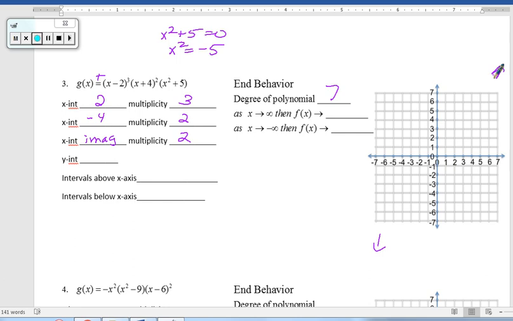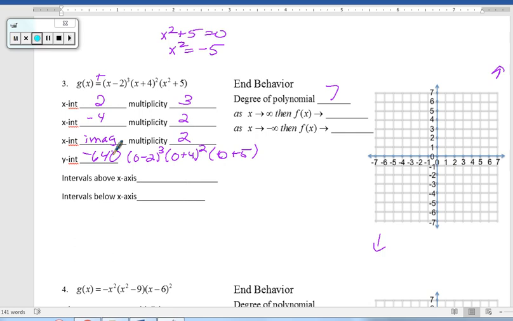I do not know what the y-intercept is because I haven't solved for it yet, and we don't have 0 listed here. If you put 0 in for all these x's and made the calculation, you would find that the y-intercept is a really big number. It turned out to be negative 640.